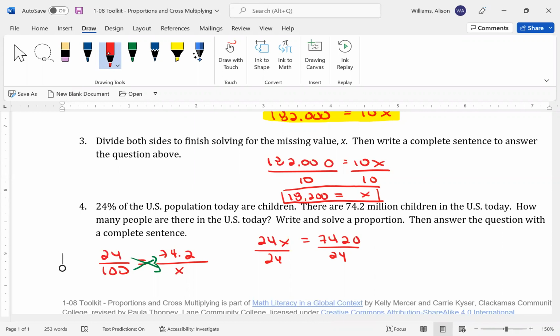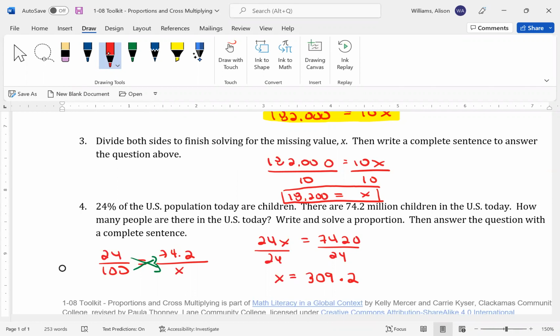I'm getting x equals 3, so I'm getting a decimal. And since we're talking about people, I'll go ahead and write 309.2. That's rounding to the tenths place because they used a decimal as well.